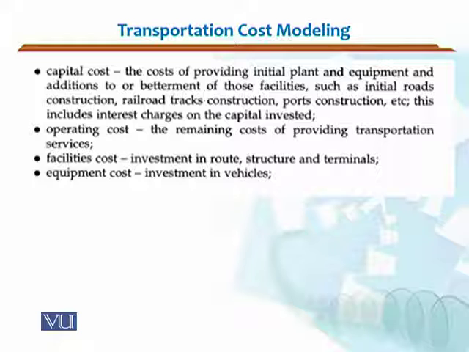So all of these things would be your capital cost. There is an operating cost, which is the remaining cost of providing transportation services. When you have the capital structure, you will operate it. So the cost you incur on operating your transportation system would be the operating cost.